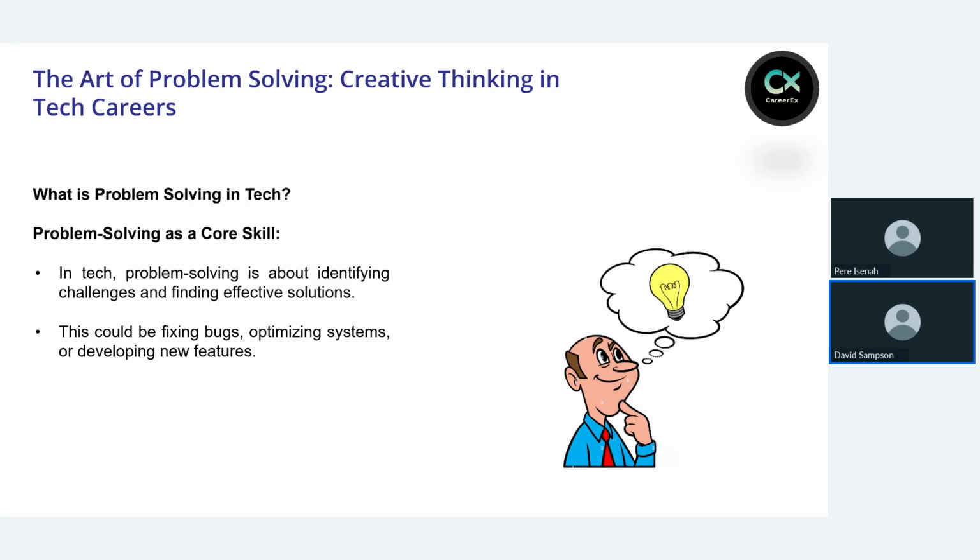So when I say in tech, it means within the tech industry there could be challenges, and outside the tech industries where you have other areas, maybe in law firms, in the market, there could also be challenges that will be solved if you are thinking in that line. So that is what problem solving is all about.